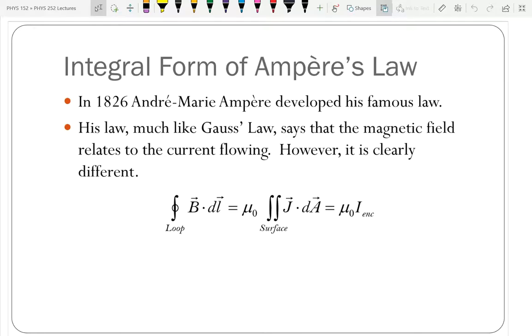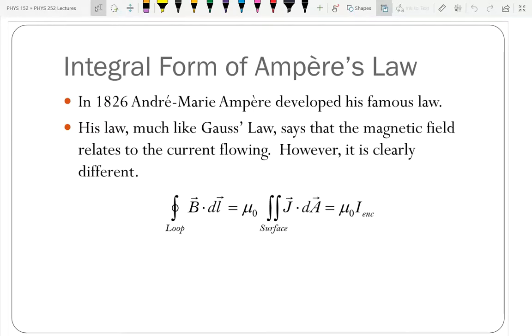But to get current, you're doing this integral of J dot dA. And since J dot dA gives you a non-vector, that's why the current is technically not a vector. So we're never going to do this part. I just have it shown so you can see why we don't put a vector sign on the current. It's kind of silly, I think, because current clearly has a direction, but technically it doesn't.